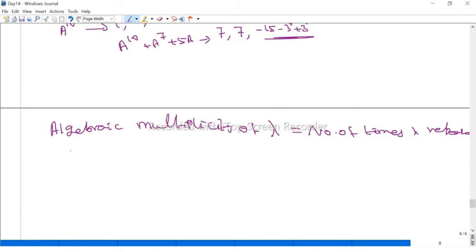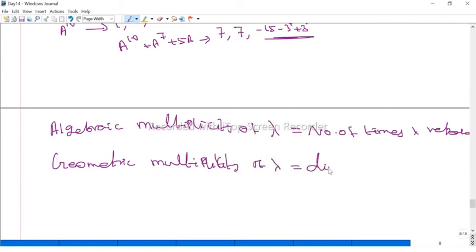Now, what is the geometric multiplicity? The geometric multiplicity of the eigenvalue lambda is nothing but the dimension of the null space, or the kernel, of T minus lambda I, or suppose we take A, because A is a linear transformation, the null space of A minus lambda I. So the dimension of the null space of A minus lambda I defines the geometric multiplicity of a particular eigenvalue.